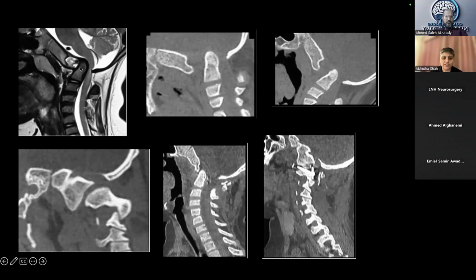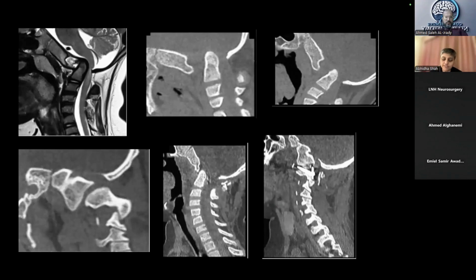Here there is also basilar invagination along with the irreducible atlantoaxial dislocation. But once you manipulate the joint and maneuver this area, you can actually straighten it out completely, and you can completely reduce the atlantoaxial dislocation and the basilar invagination and give a craniovertebral realignment. So there is nothing like a fixed AAD.